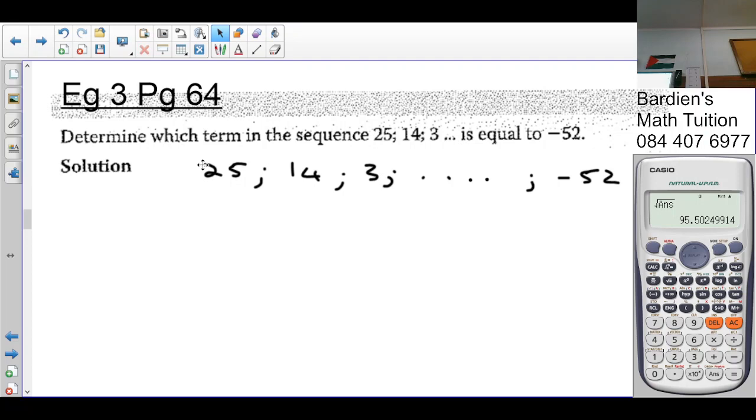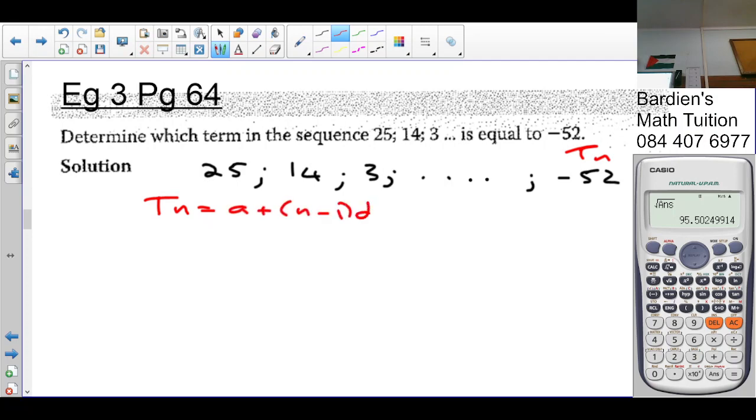Okay, so what we do first is, we work out the general term. Remember this is the nth term. The general term is a plus n minus 1 d. I'm sure you can all work out the general term at this point. Right, work out the general term quickly.